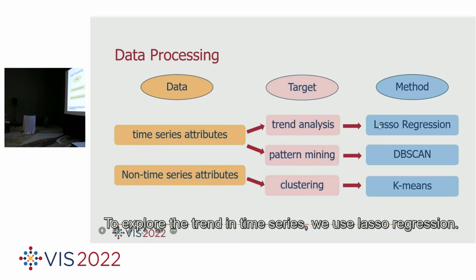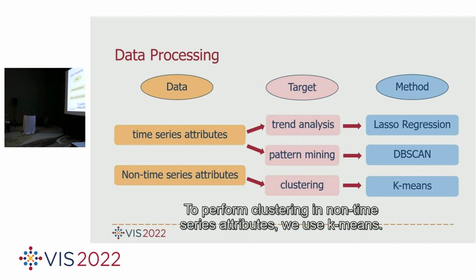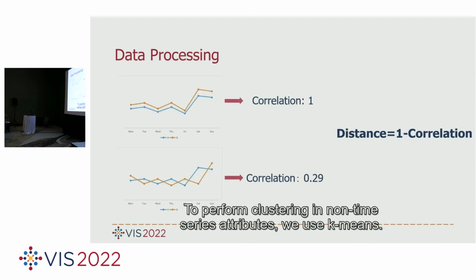To explore the trend in time series, we use lasso regression. To explore similar patterns in time series, we use DBSCAN clustering. To perform clustering in non-time series attributes, we use k-means.